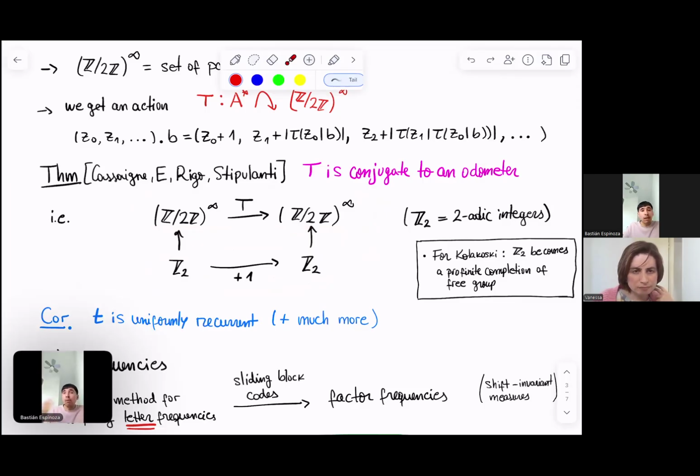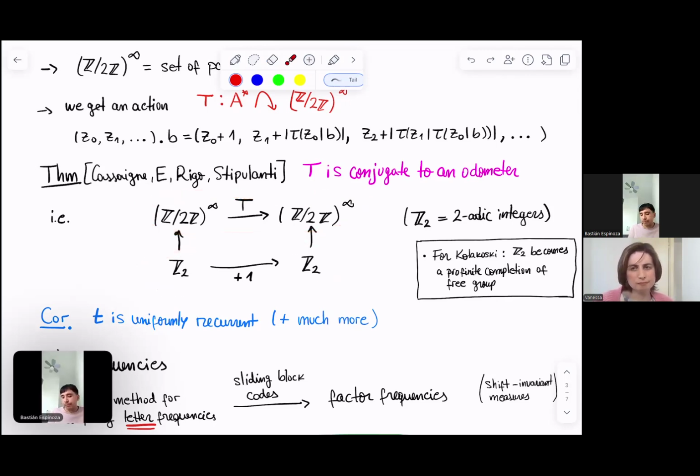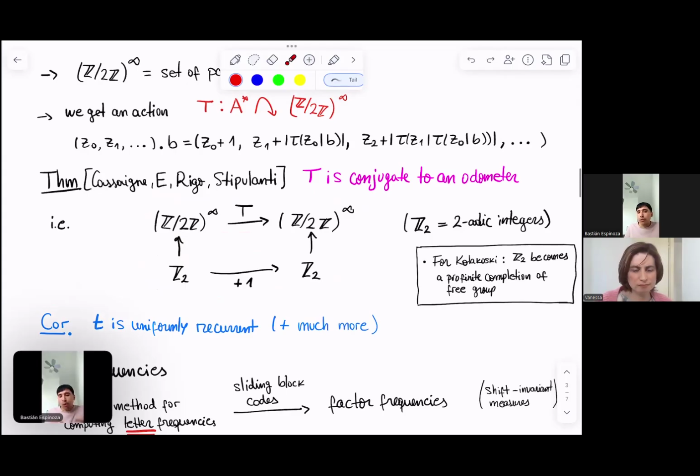This is a compact infinite space. And here, in this part, we have the same map at both sides, and this is a bijection. So in some sense, we're saying that up to some recoding, the action of T behaves as in the odometer. And we are going to use this representation.